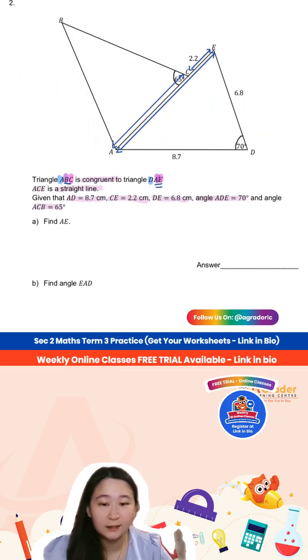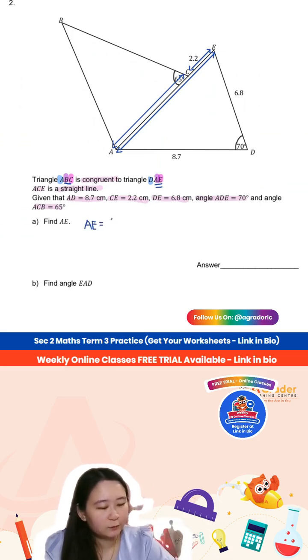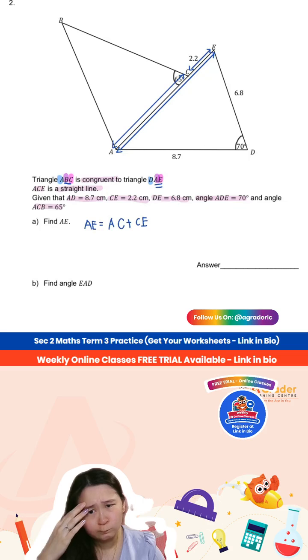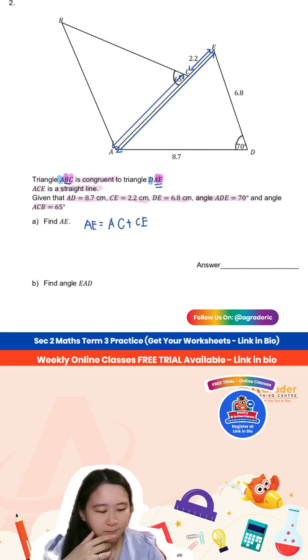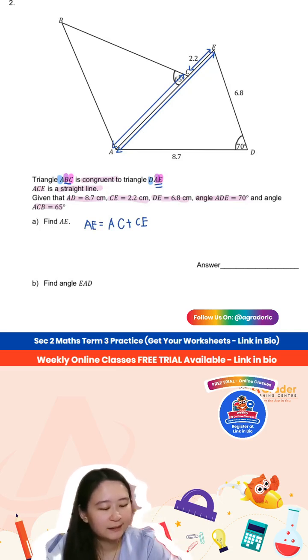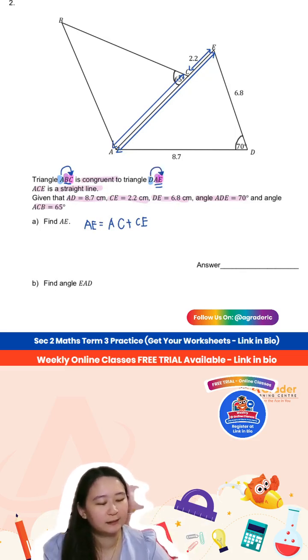The length of AE is equal to the length AC plus CE. We have the length CE. What if you take 8.7 minus 2.2? So since they say it's congruent, you can see that the length AC is the first and the third letter, so length AC must be equal to length DE.